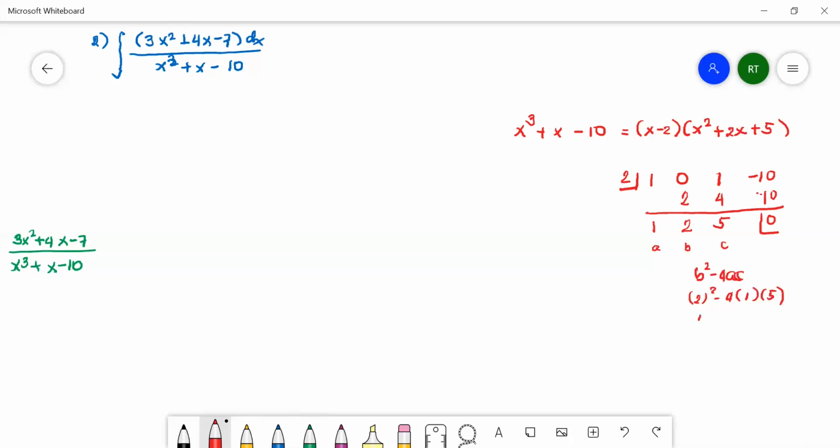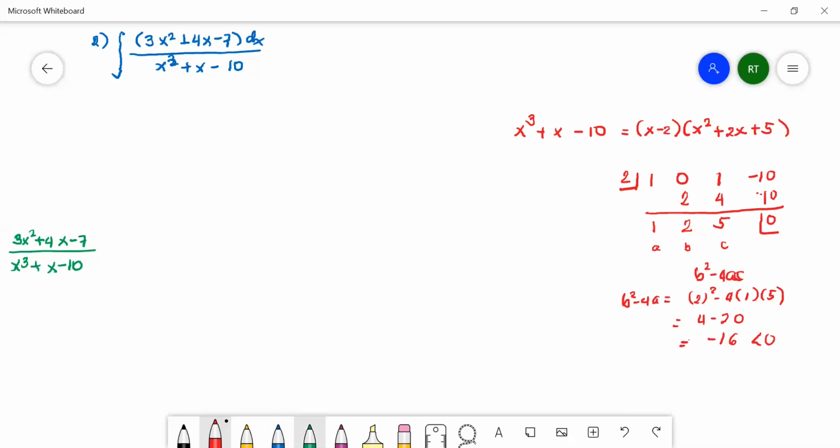This gives us 4 minus 20, which is minus 16, which is less than 0. So b squared minus 4ac is less than 0. Therefore, the quadratic factor x squared plus 2x plus 5 is no longer factorable.